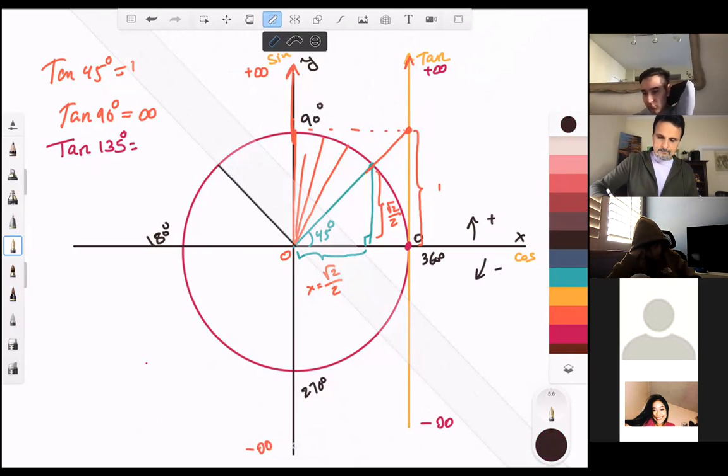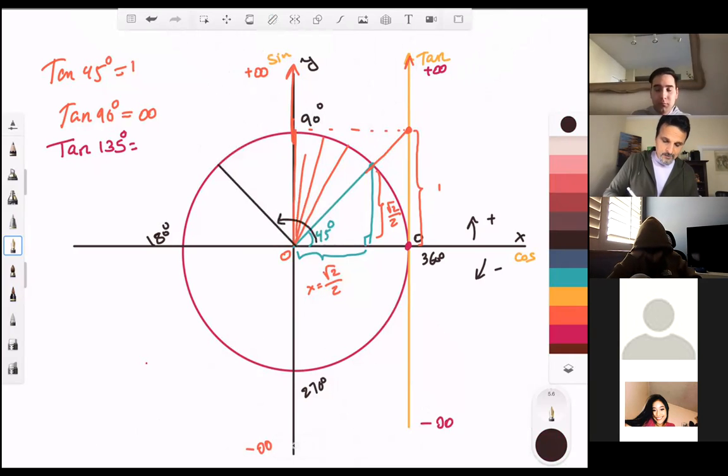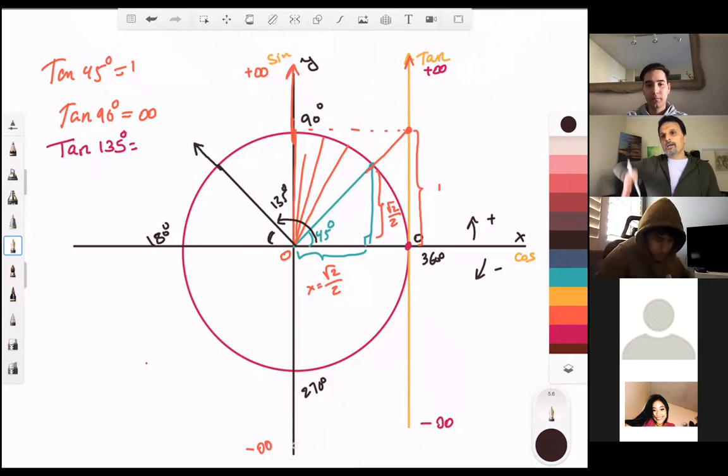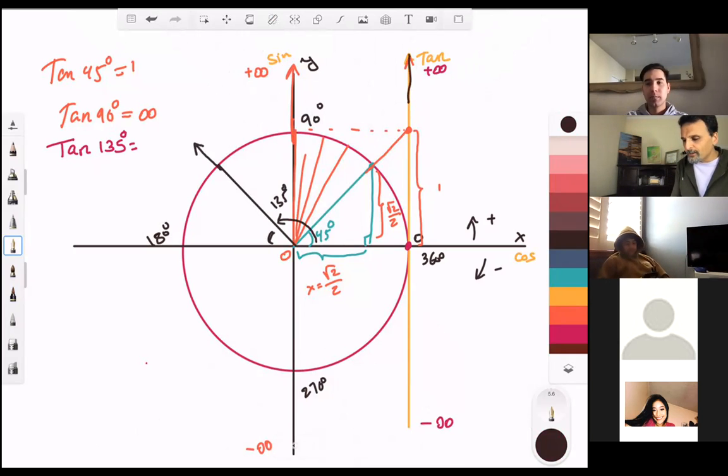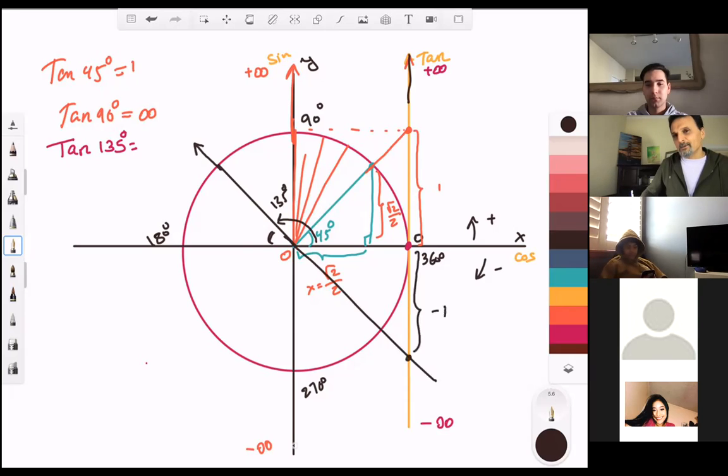This is 135 degrees. This is a reference angle, which is 45. But if you want to visualize it, if we go this direction, we're never going to touch this line, right? So we go the other direction. It goes this way. So that's why this length is -1.